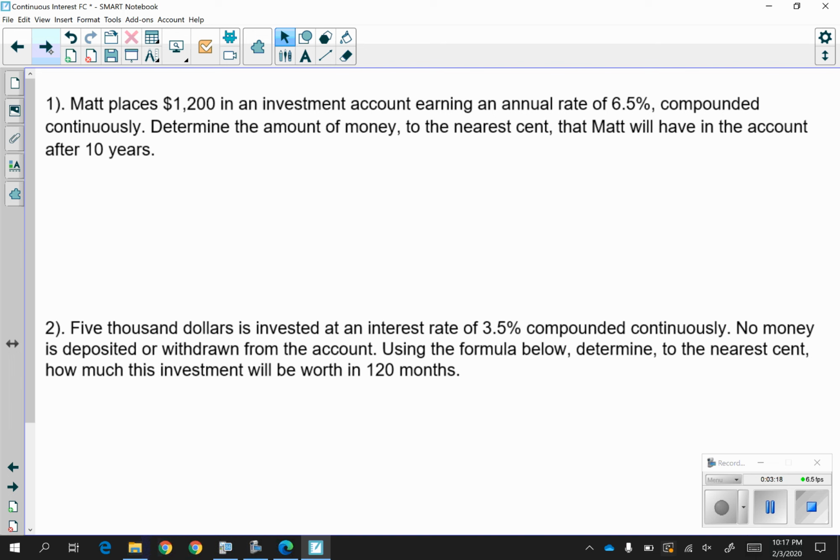So let's try an example. If we read carefully, we have Matt places $1,200 in an investment account earning an annual rate of 6.5% compounded continuously. And there is your keyword to use PERT.